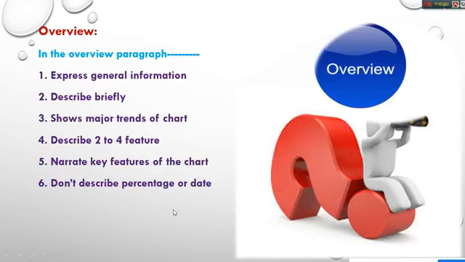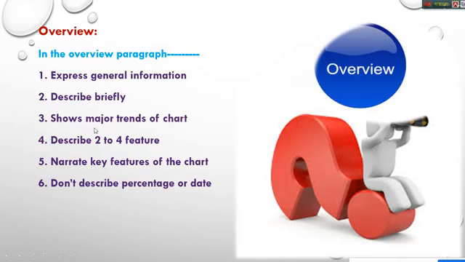All right, in the overview paragraph, simply you express general information, describe briefly, show major trends of the chart, describe two to four features, narrate key features of the chart. Don't describe percentage or date. This is very important. In the overview paragraph, you are not supposed to write any percentage or date given there.